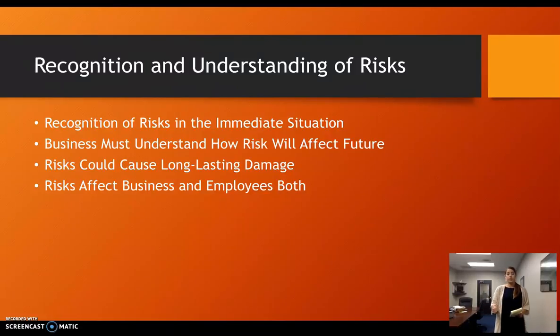Any risk can affect the business's reputation, so they have to be careful with how it gets out to the public or other organizations. This is caused by word of mouth, and risks that could cause long-term lasting damage. This relates to the reputation as well, and how they distribute their productions and their products.